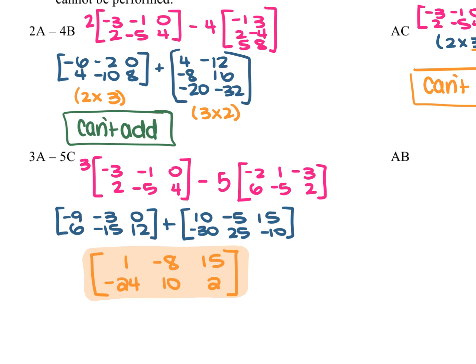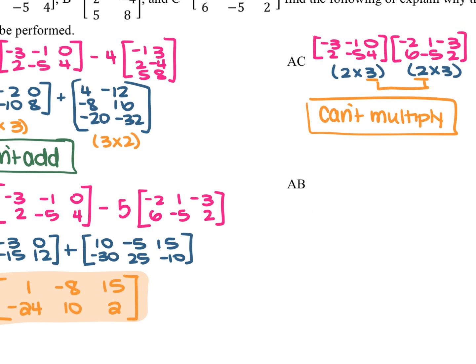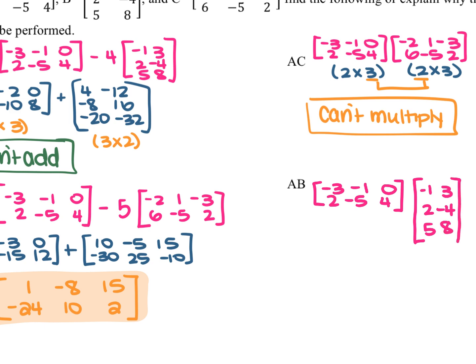For your last example, you have A times B. So we're going to do negative 3, negative 1, 0; 2, negative 5, 4, times 1, negative 1, 3; 2, negative 4, 5, and 8.